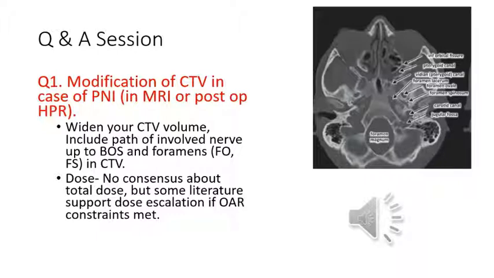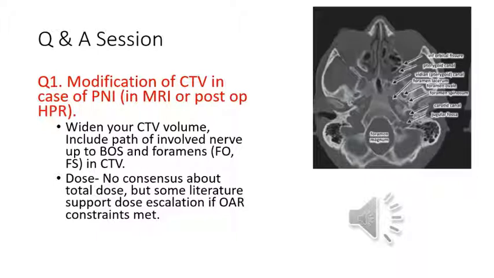So these guidelines for PNI have been largely set up. The atlas has come up for the major salivary gland tumors, adenoid cystics, where they recommend that you must follow it. Having said that, if the histopathology shows gross perineural invasion or MRI shows it, then you should always chase it up to at least safely the base of skull.